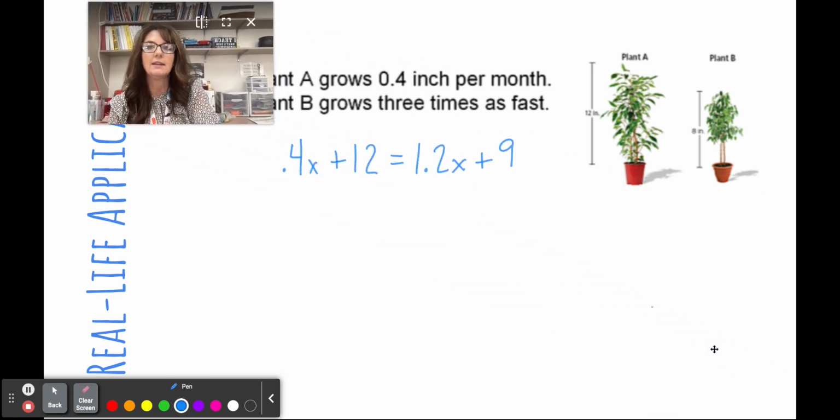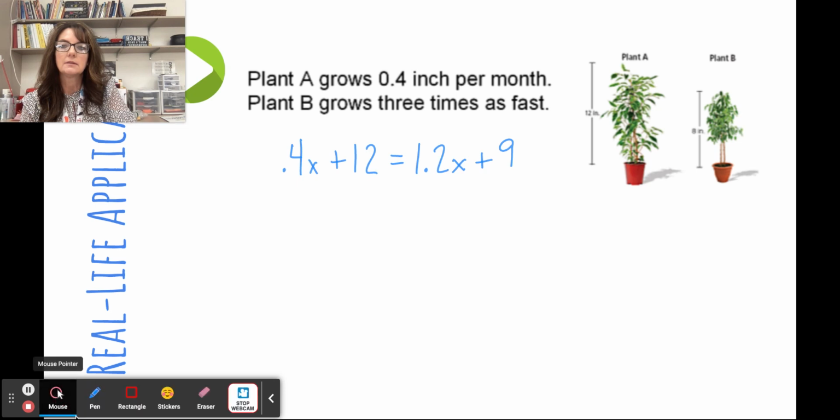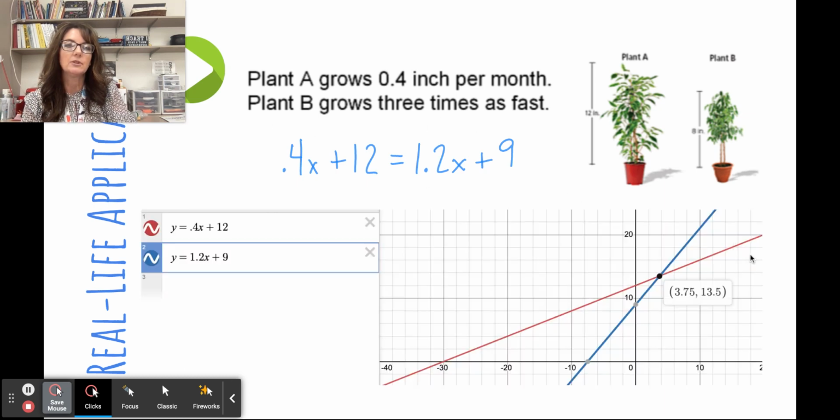I'm going to move this again. I should have kept it up there. I used a graphing calculator because of the decimals, and I used Desmos to do this because we don't have the use of graphing calculators here at the middle school.